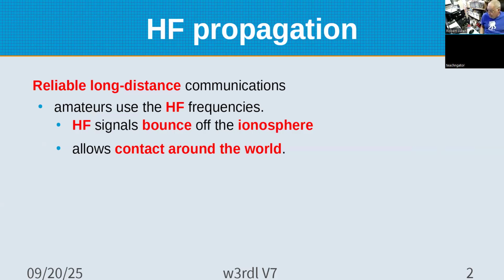And they're able to pick up signals that are 20, 25 dB below the noise level. So a lot of times it's very easy to make contact with stations in Australia and New Zealand with just a simple vertical antenna.